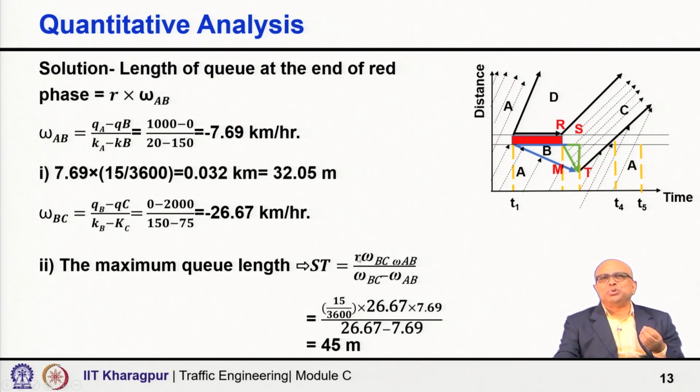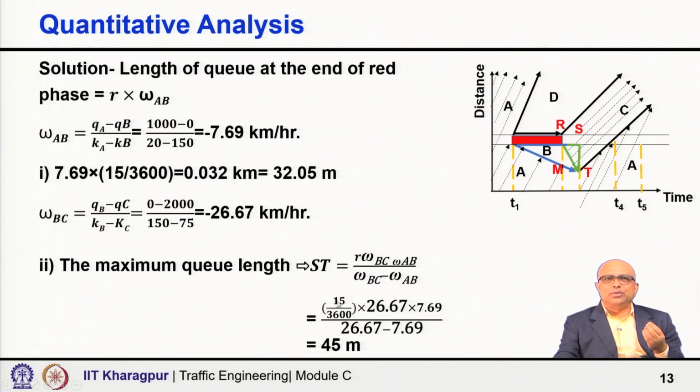I have directly put this formula. This we explained, we discussed actually in the previous lecture. So, R into omega BC into omega AB divided by omega BC minus omega AB.